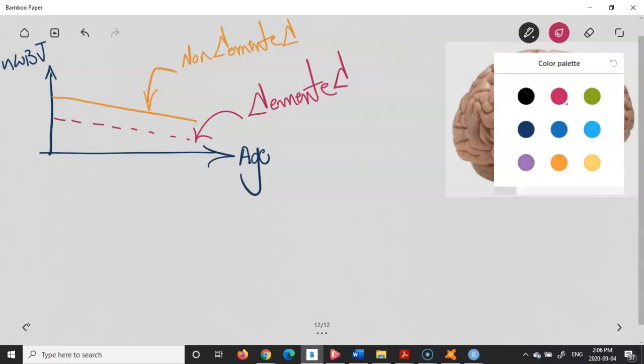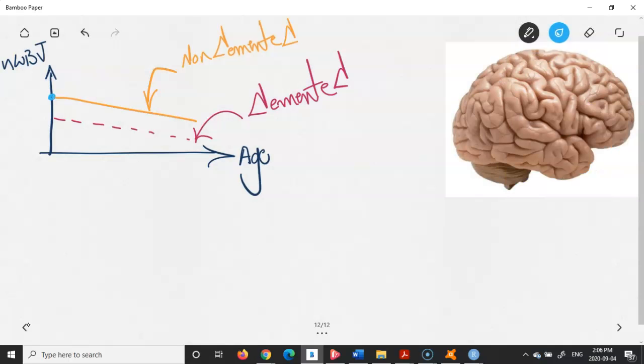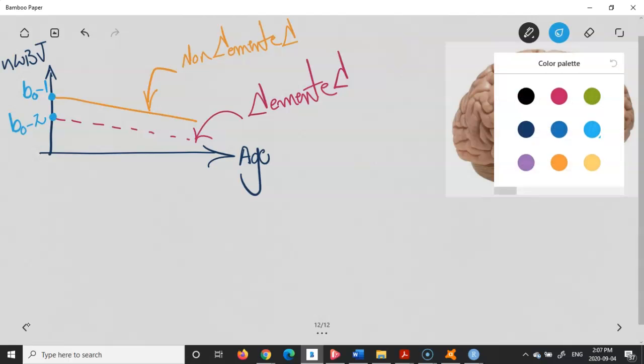For both of them, as we saw, they are parallel. That's why we call them the random intercepts: for the non-demented case we got B01, and for the demented case we got B02. I want to emphasize that these two are parallel, which means they have the same slope.